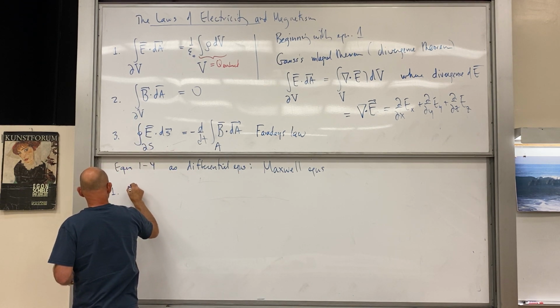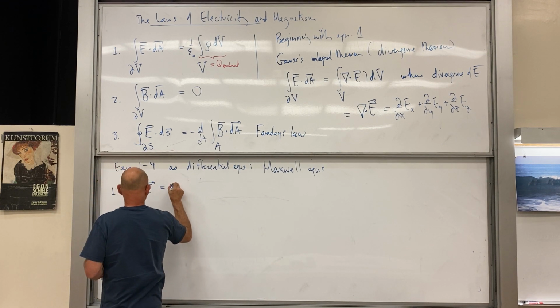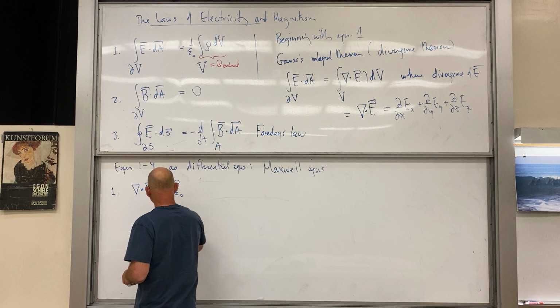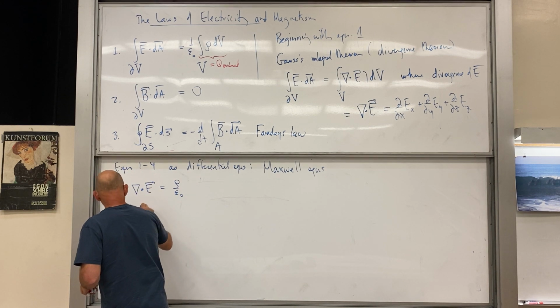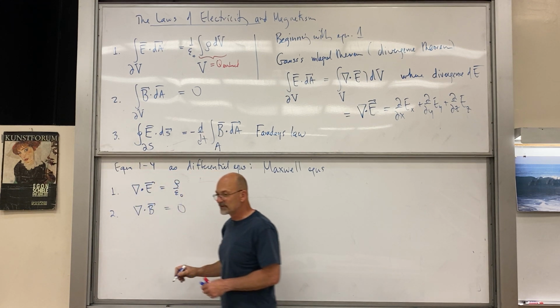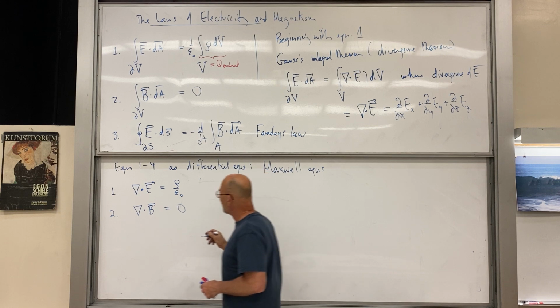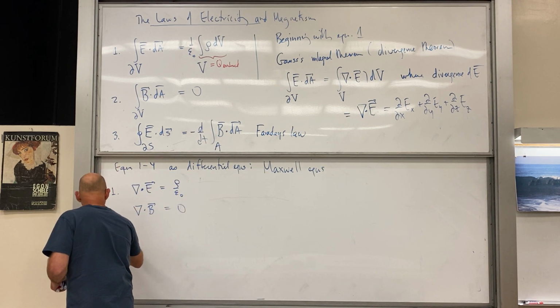So the first one is divergence of E is equal to rho over epsilon naught. The second one is clearly going to be divergence of the magnetic field vanishes. Now equations 3 and 4 are going to be a little different.